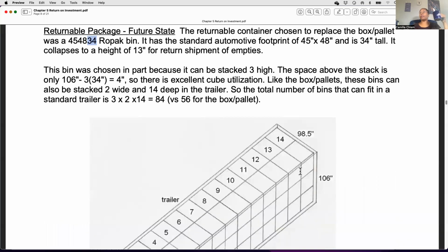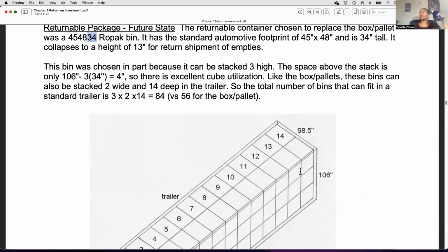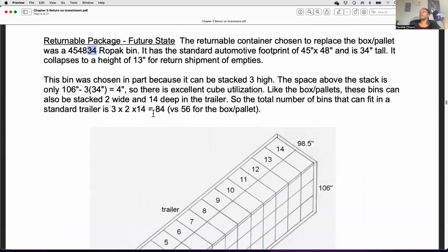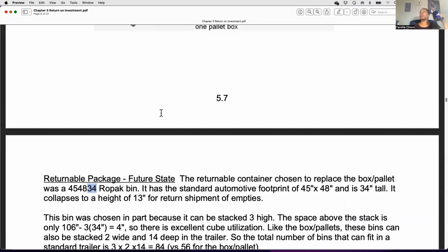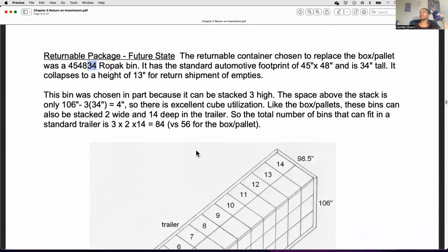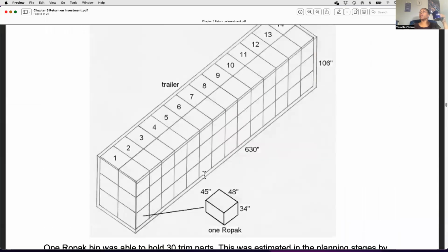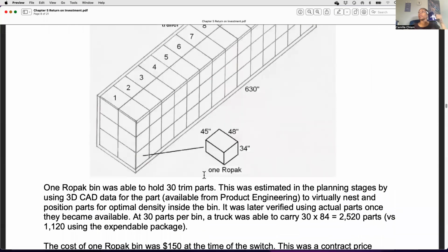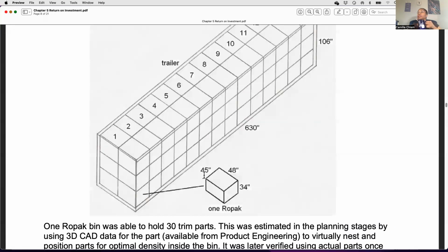So you can see how many more parts you're going to get in here. You're going to have the 3 by 2 by 14, and you get 84 versus 56 of these. So you're getting more of these in here, and they're bigger.